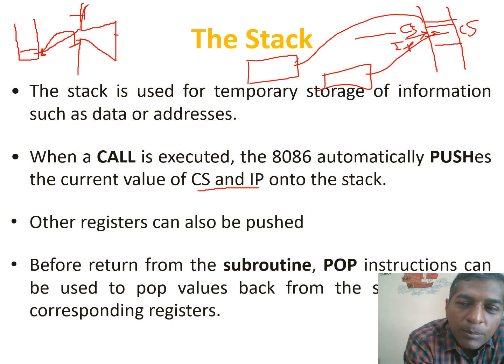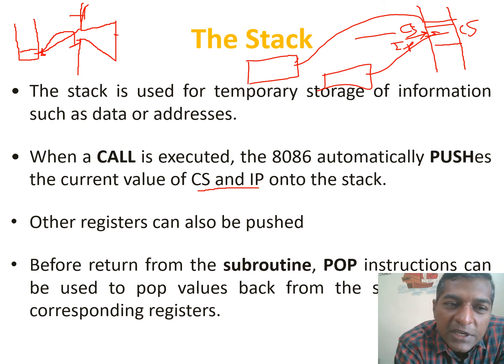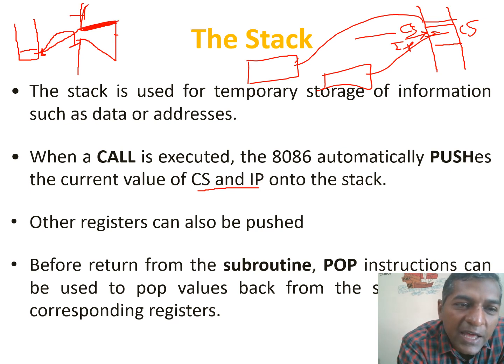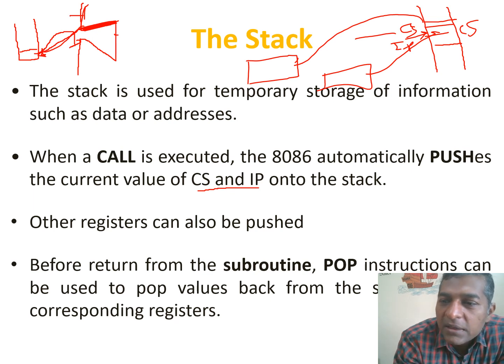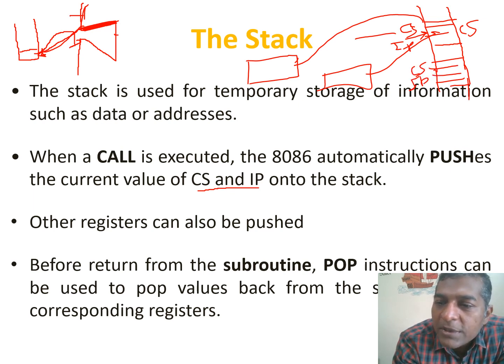But when a function is being called, the CS and IP have to be stored here, and then it will move to the new CS and IP where the function is stored.